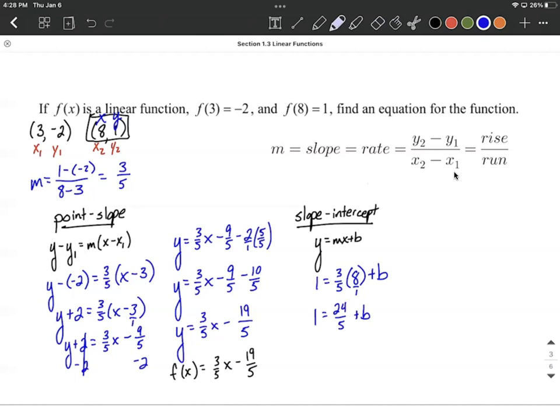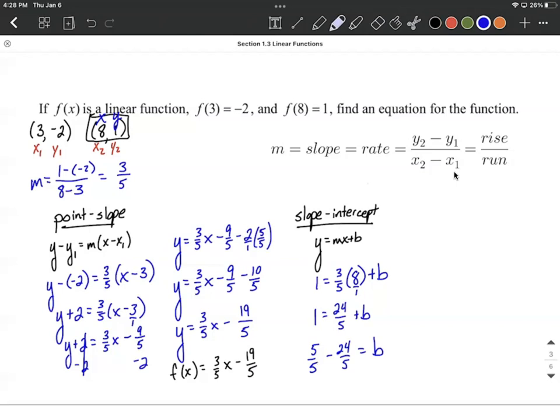Well, we want to subtract the 24/5 from both sides. I'm going to strategically write that 1 as 5 over 5 minus 24/5 is going to give us b. Subtracted 24/5 from both sides. We strategically wrote that 1 with the common denominator of 5.